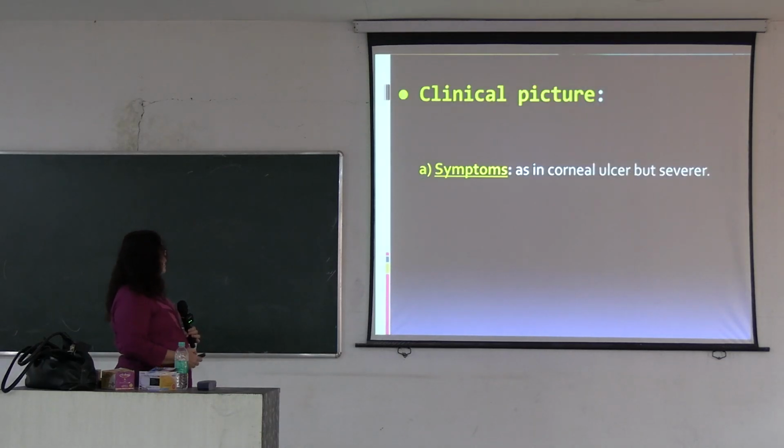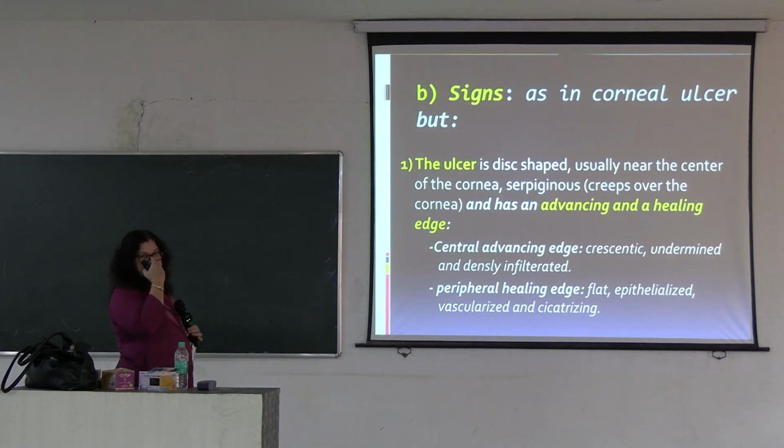perforation. Then clinical features. Clinical features are the same as discussed in the general clinical features of corneal ulcer, but the intensity is more as compared to the normal bacterial corneal ulcer. And the signs: here the ulcer is disc shaped and present near the center of the cornea, and its nature is serpiginous, meaning it creeps over the inner layer of the cornea, and that's why it has both an advancing and a healing edge.